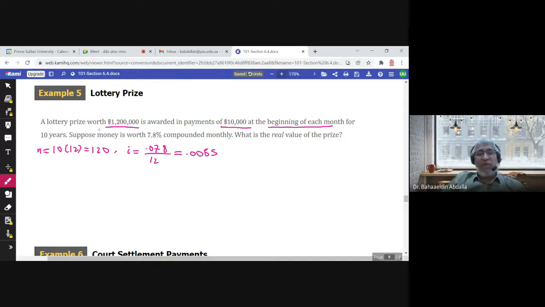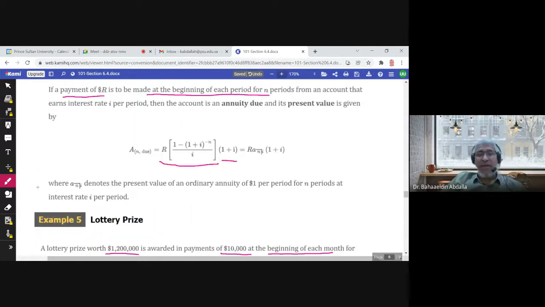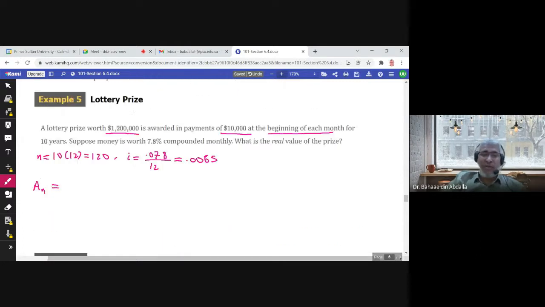The question: what is the real value of the prize? The prize is worth 1,200,000, but this is not the real value that the winner will receive because there are taxes, expenses, and so on. The real value would be the present value of the annuity due. If you want, I can write A_n due, but I will always write A_n for simplicity.